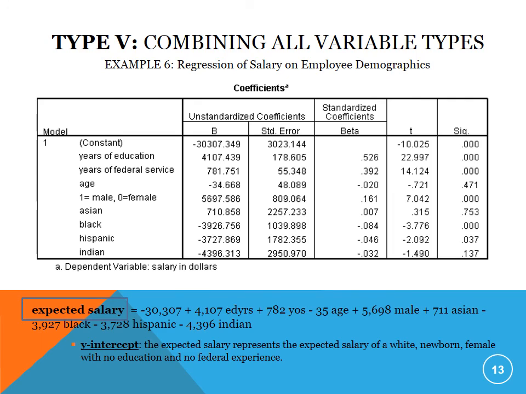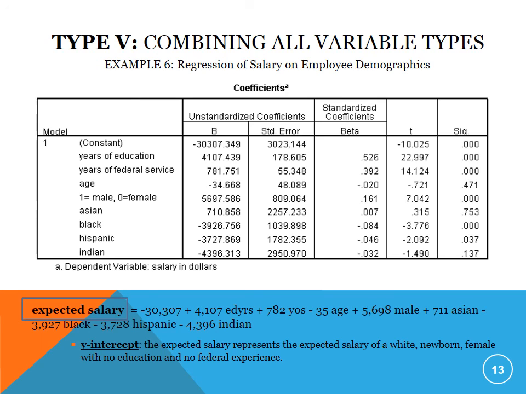But let's start with our y-intercept. Our y-intercept is the expected salary when all of these independent variables are 0. So literally, let's not make it hard on ourselves. Let's just go down the list and say what all of those zeros are. That is absolutely critical, especially in the early stage. You just want to go down the list and say what each and every 0 means.